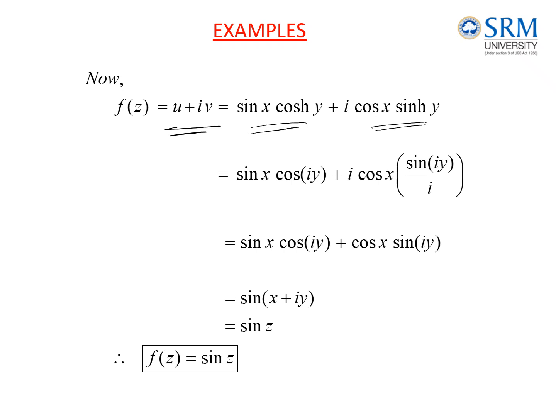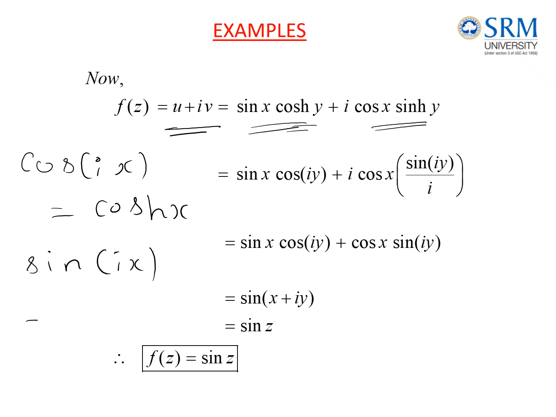So sin x cosh y is there. This hyperbolic function we need to rewrite as a circular function, and the sinh y also in terms of circular functions. I already gave this to you: cos of ix can be rewritten as cosh x, and the sine of ix is equal to i times sinh x.